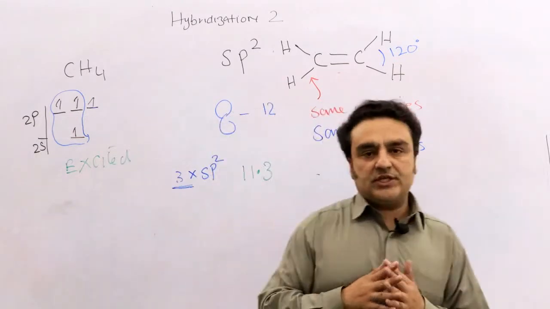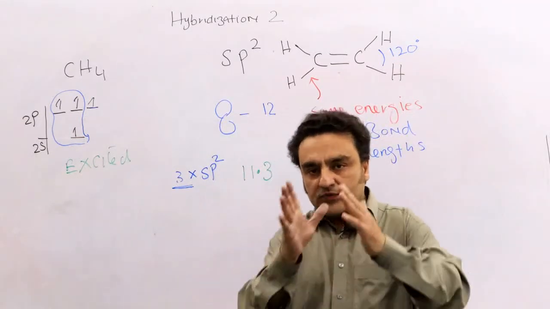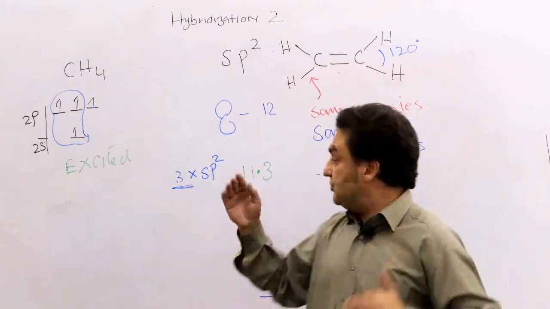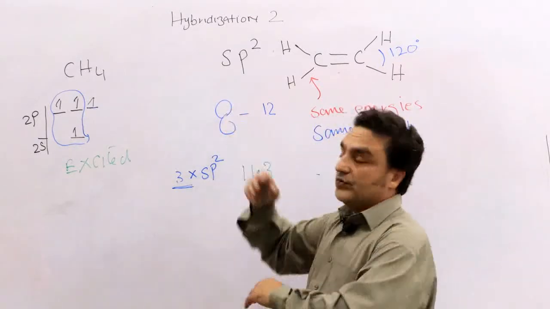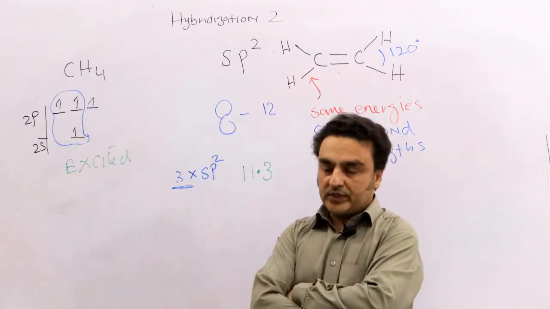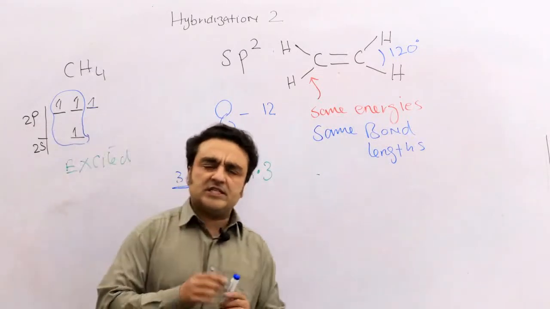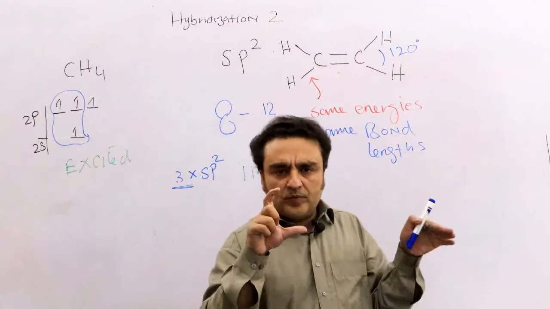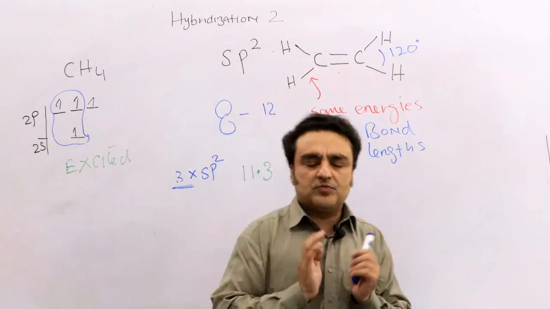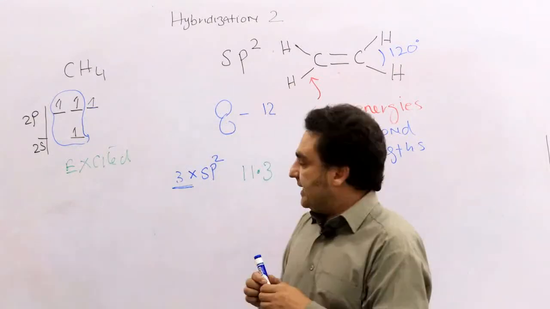Now let's come to the geometry, or first the arrangement, that how these 3 will be arranged, and what to do with the p orbital, okay. So shape, we saw that it has a little bit bigger lobe, and the other lobe is a little bit smaller, okay. How are they arranged?